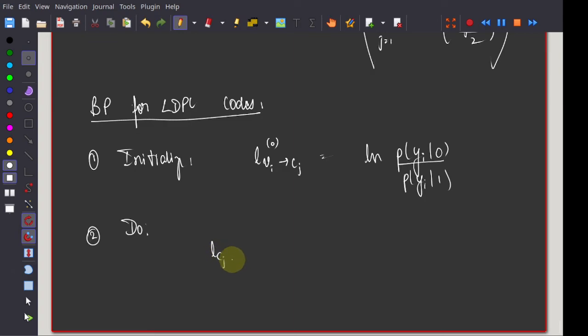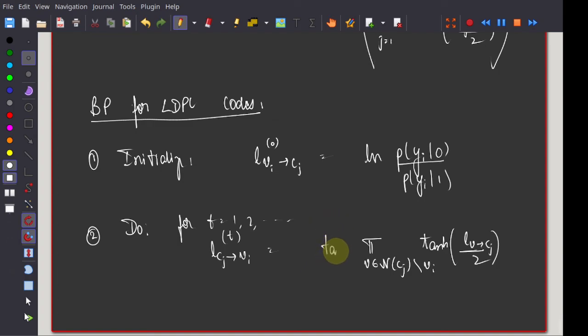So from the jth check node to the ith variable node, for t equal to 1, 2, and so on up to convergence, at the check node, you basically multiply these tanh of L over 2 values of all the variable nodes which are neighbors of c_j, but I exclude the ith one, then take tanh inverse and multiply by 2.